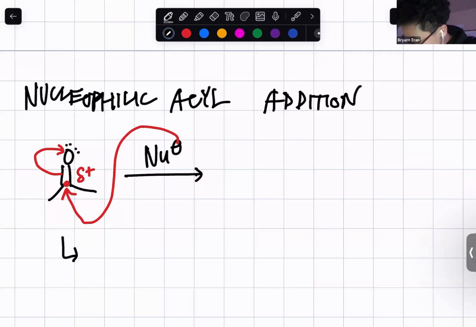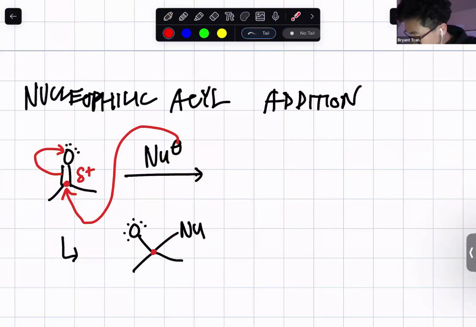So when I give you the mechanism here, it's going to look like this. That oxygen now has 3 pairs of electrons, and this is the new bond between that red dot carbon right there and this nucleophile right here, right? This is the new bond between them. And you can think of it like this. Let's say that that nucleophile used that pair of electrons, which I'm going to highlight in yellow, like that, right?